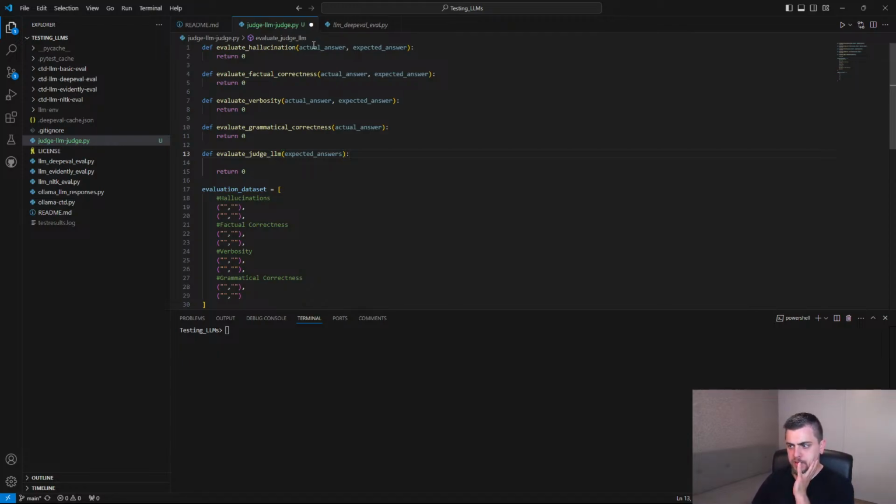And maybe for evaluation, sorry, my bad, my mind is really set away. So of course we will need the input parameters of the evaluate judge LLM functions as the same as the input parameters of the evaluating functions, but as a list, so we will have all of these.